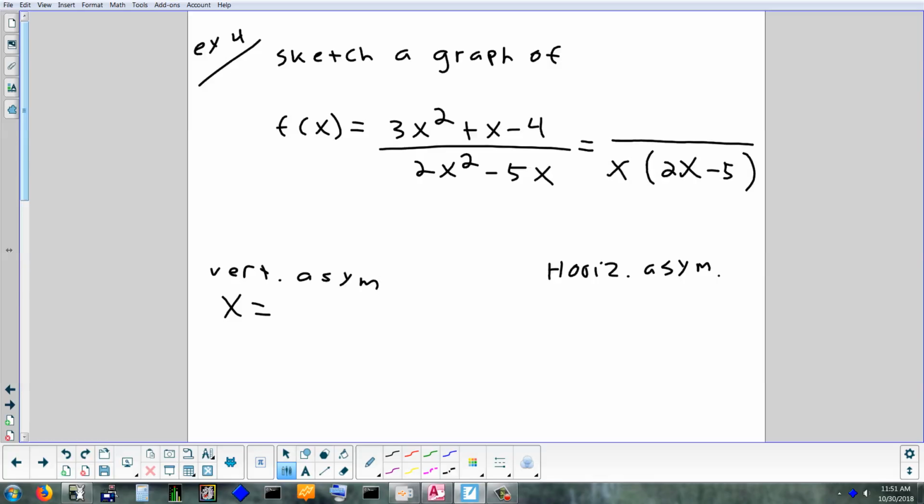So now I have 2 factors. What would you plug in for x to make the first factor 0? 0. Don't think too hard on that one. It's just 0. Now the second one, what would you plug in for x there to make that one 0?